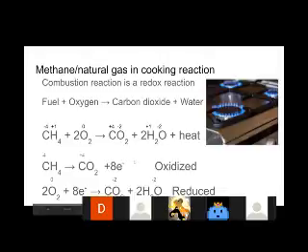So those are balanced by charge. Not really totally balanced. I didn't totally balance the oxidation reduction half reaction, but you can see that one's oxidized and one's reduced. So a combustion reaction is a redox reaction, and it always follows this format. Fuel plus oxygen gives you carbon dioxide plus water.